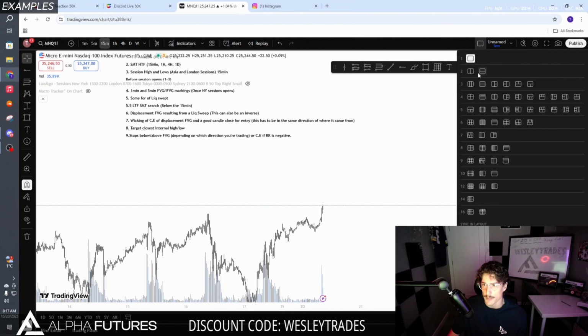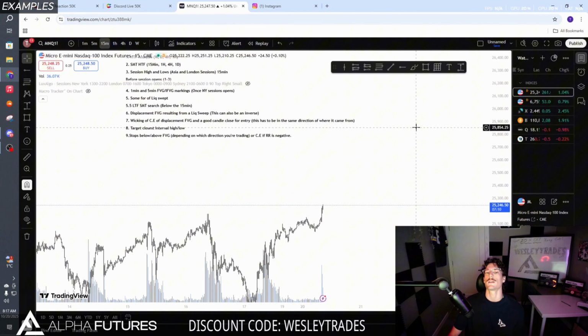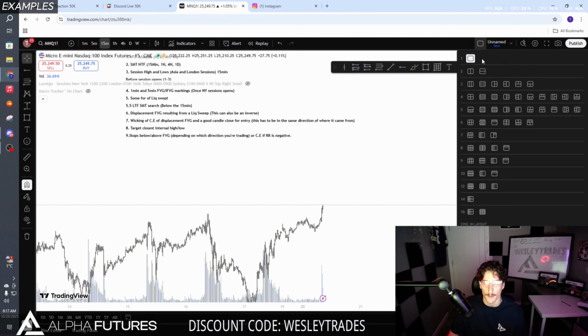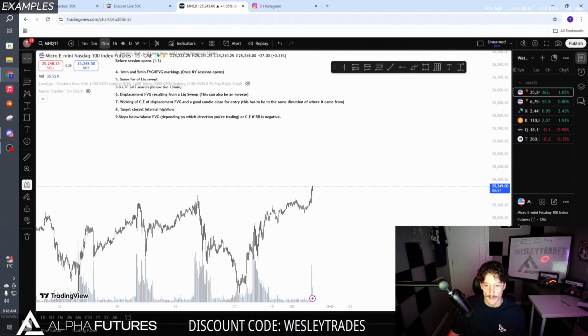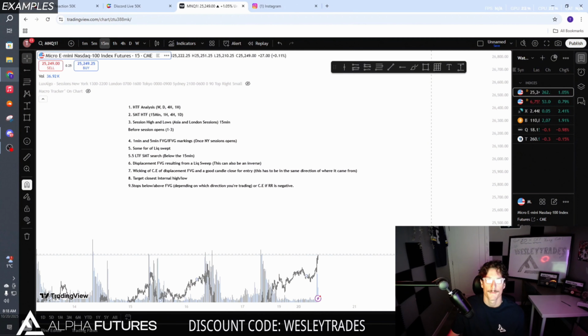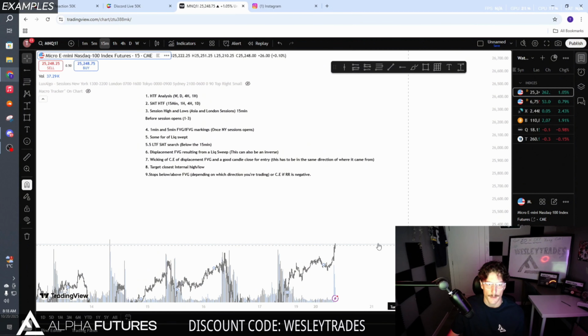You can use it too, but this is what I use for SMT searches. Unfortunately, I don't have the TradingView Essential package, so I can't open up the two panels, which is kind of shitty, but whatever. You guys have seen me do it a handful of times.